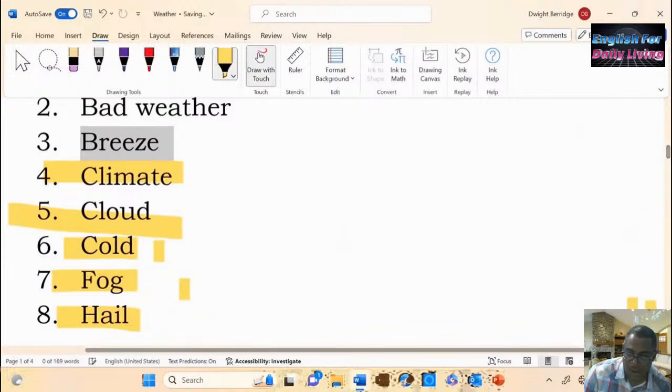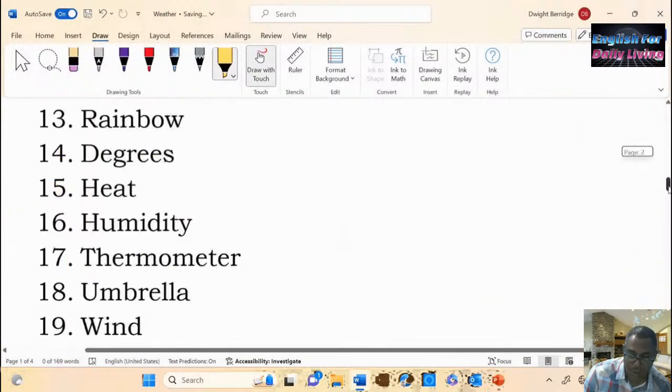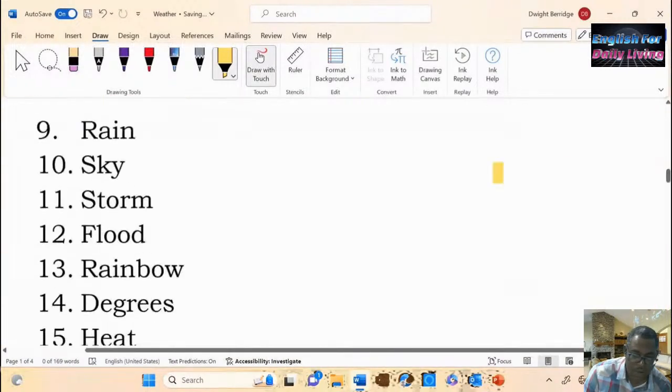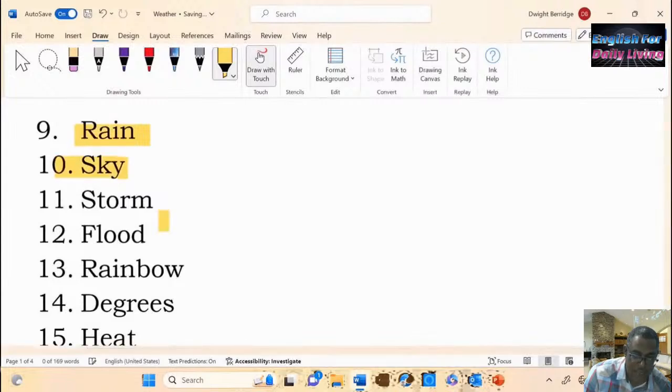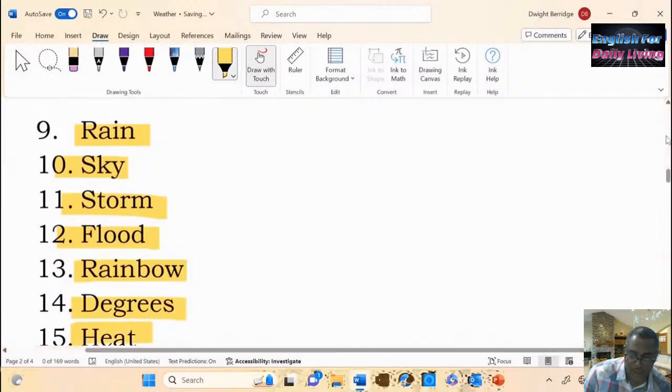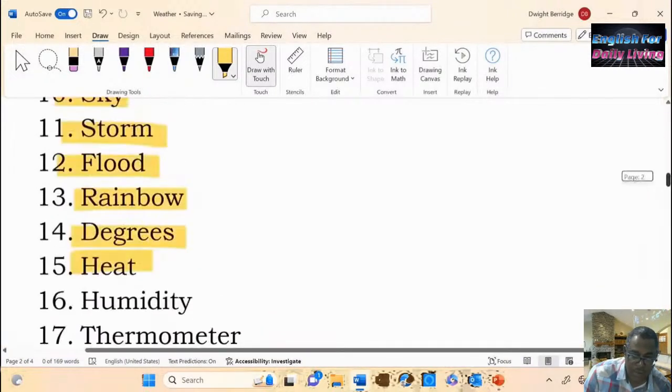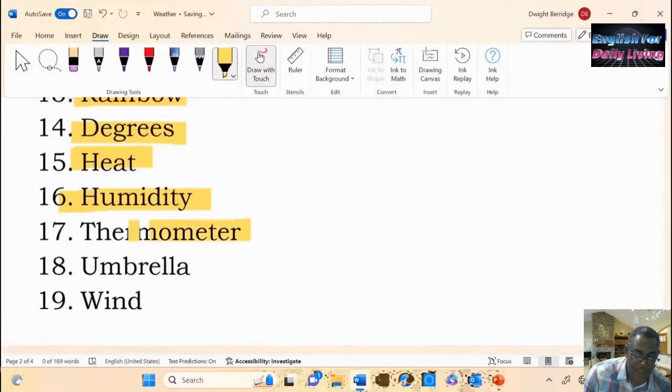Rain, sky, storm, flood, rainbow, degrees, heat, humidity, thermometer, umbrella, wind.